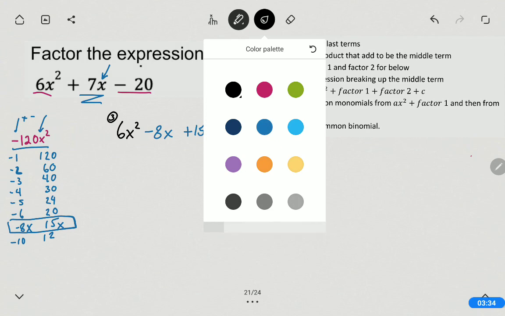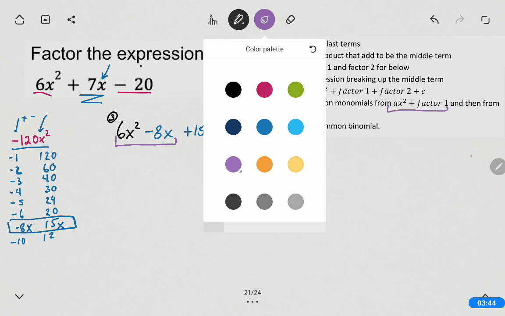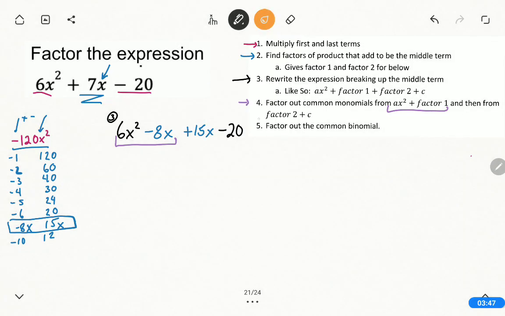The fourth step here is to factor out the common monomials between ax squared and factor 1. So that is the first grouping. And then from factor 2 and the third term, which is referred to as c in a quadratic expression.